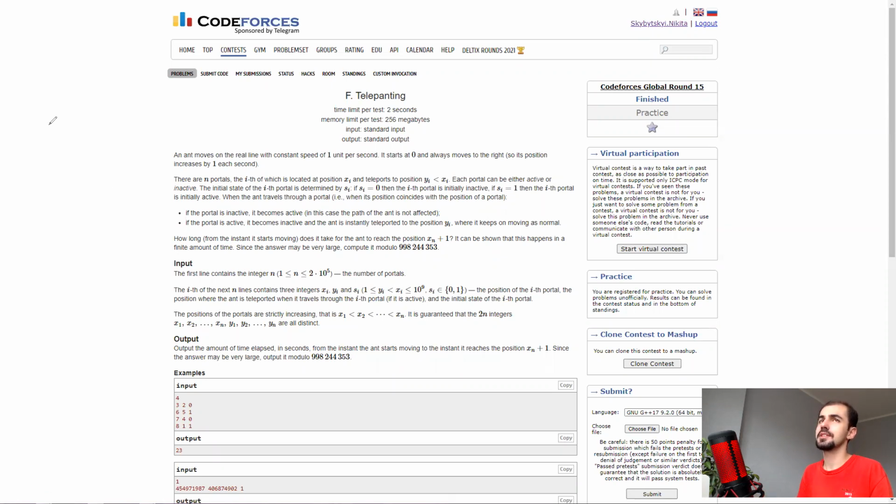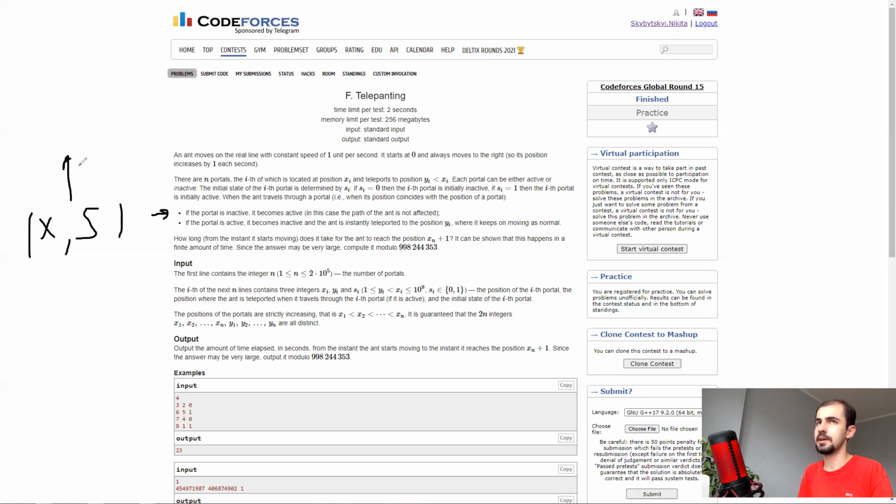So what I was thinking is we can define a state to be, well, obviously states of all portals should be included, so S is definitely in the state, but also the current position of the ant, which we'll denote by, I don't know, X. So this is a state. Now the process is completely deterministic.